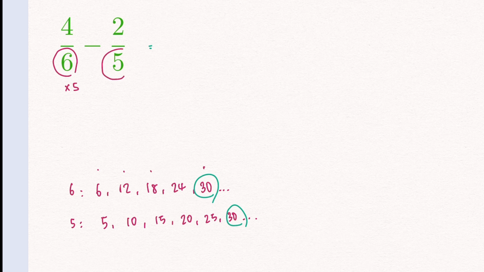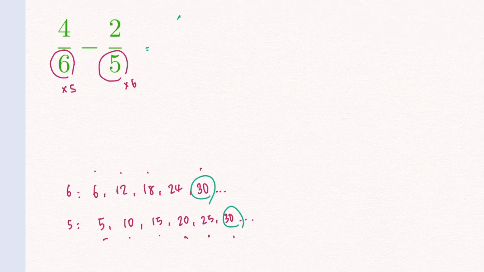And for the second fraction, where it has the denominator of 5, you know that timesing 6 to the 5 will give you 30 because 5 times 1 is 5, 5 times 2 is 10, 5 times 3 is 15, and 5 times 6 is 30.